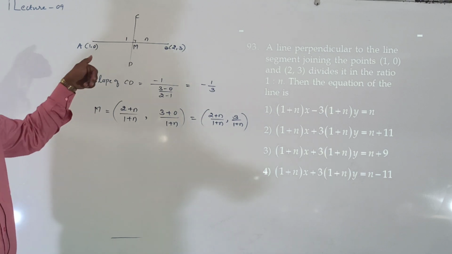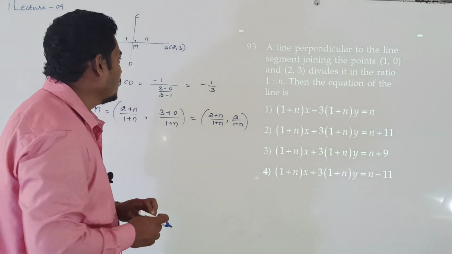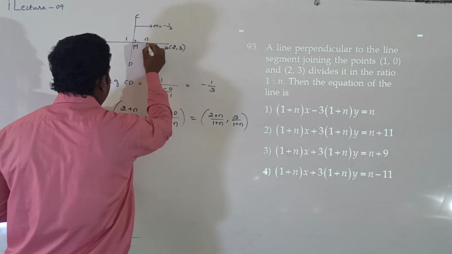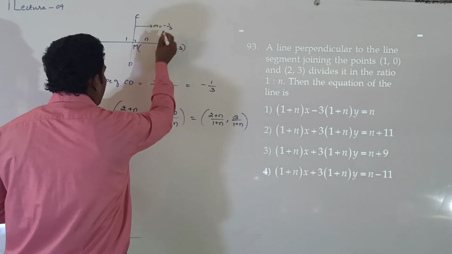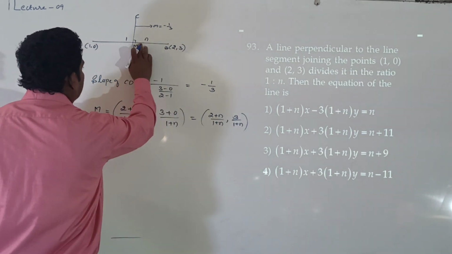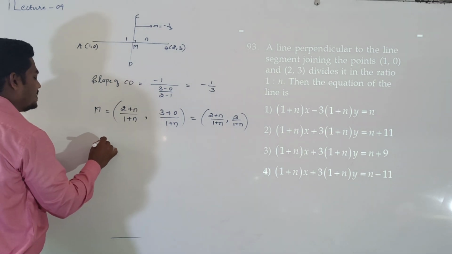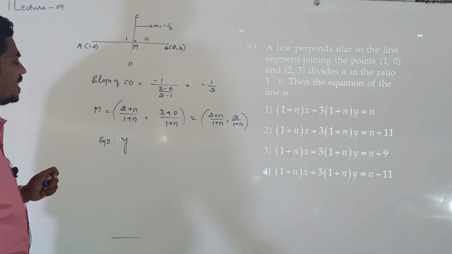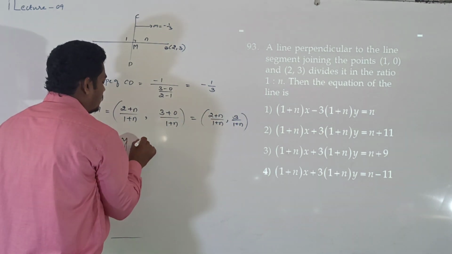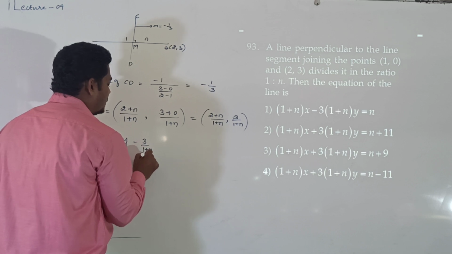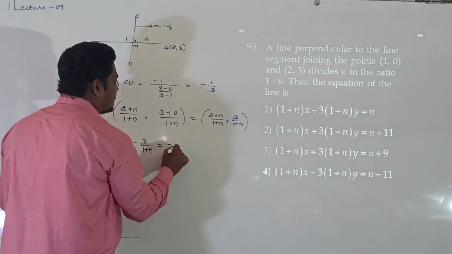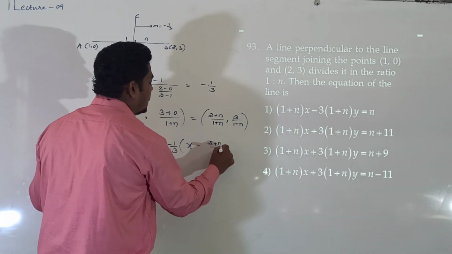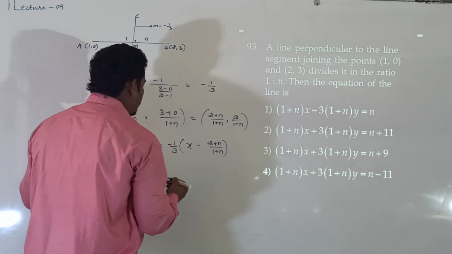After getting the point and slope, just use the slope and point formula. Its slope is -1 divided by 3. Then the required equation is, equation of the CD line, y minus y1 is equal to, that is y minus 3 divided by 1 plus n, is equal to -1 divided by 3 into x minus x1, that is x minus (2 plus n) divided by 1 plus n, right?